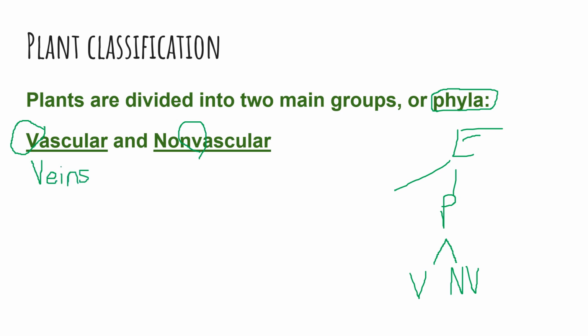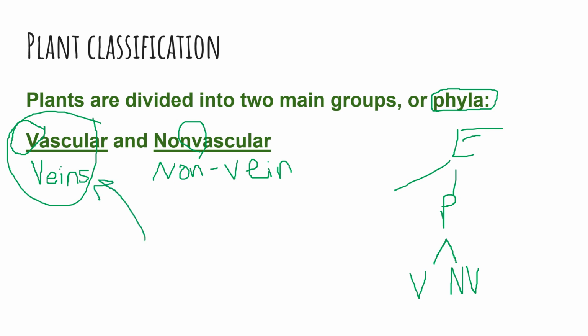Okay, and the key is this: vascular plants do have veins, while non-vascular plants are non-veins, meaning they do not have veins. We'll talk more about that again tomorrow and as we go further into the unit, but the big thing you need to know is this: vascular plants have veins and structures that actually transport water from the roots up to the rest of the plant. Non-vascular plants do not have those tubes.